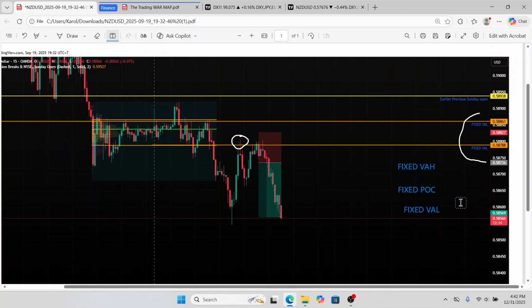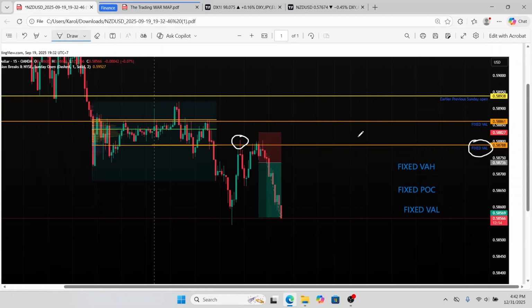So if anyone was wondering, why do I have two fixed value area low? Because I just have the fixed range here. I will explain why I have the two. Like the first one here, this one here is obviously from the fixed range, and let's erase this here.